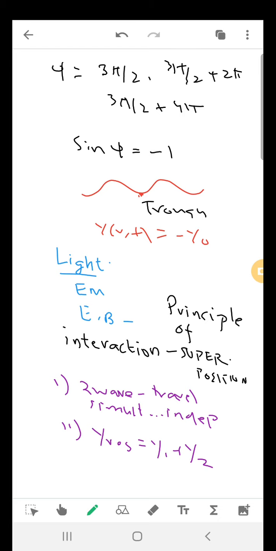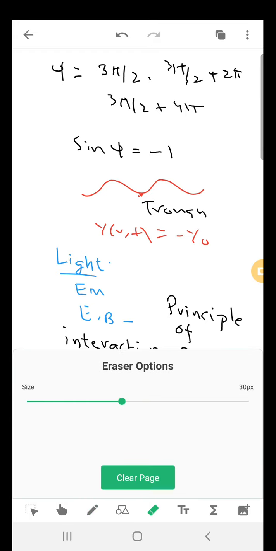So let us try to understand it graphically.